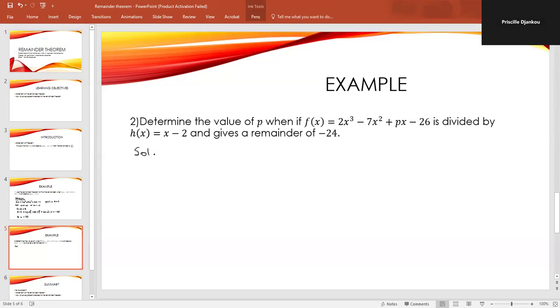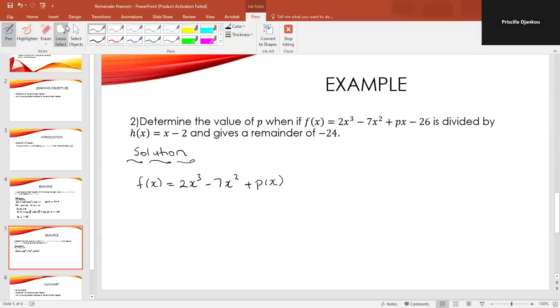So according to the theorem, the remainder when this function is divided by this is minus 24. So this implies f of x, which equals 2x cubed minus 7x squared plus p times x, sorry. Let me write it nicely so that you shouldn't confuse.